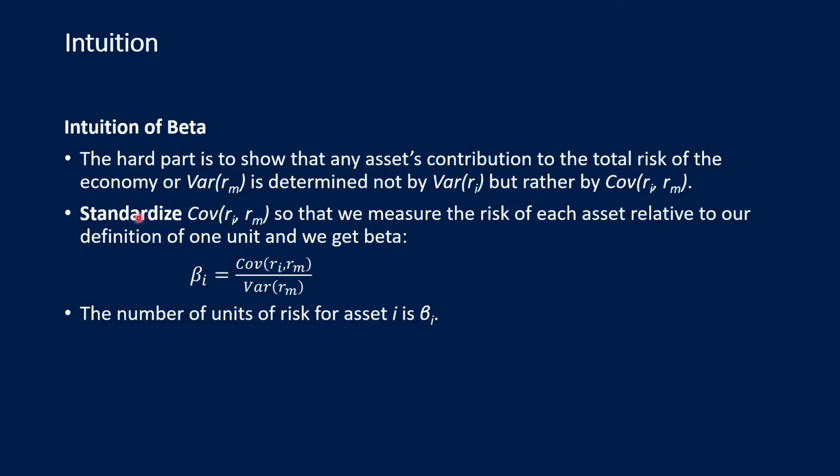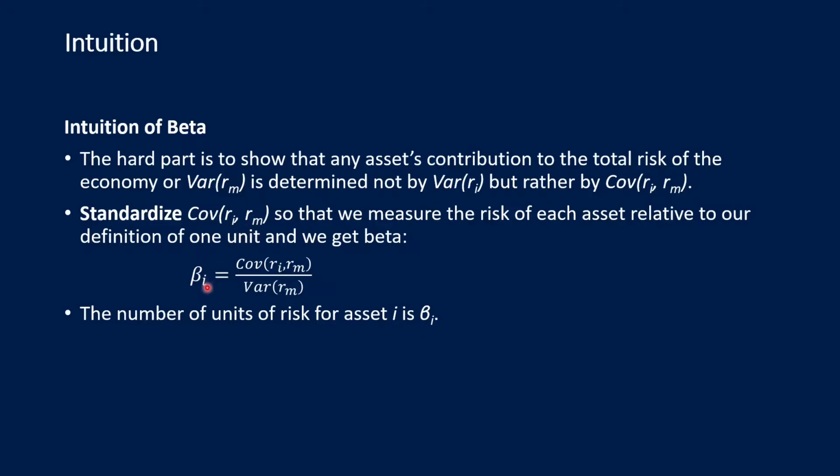So we need to standardize the covariance between the single stock returns and the market returns, so that we measure the risk of each asset relative to our definition of 1 unit, and we get the beta.